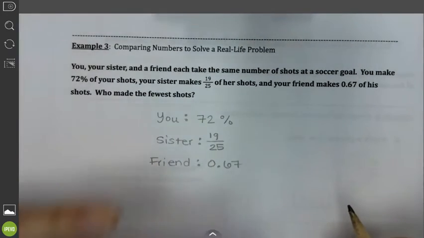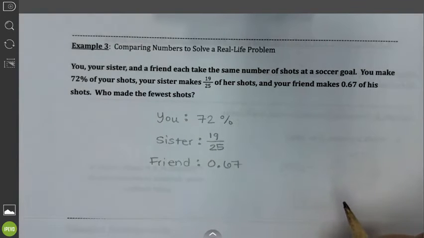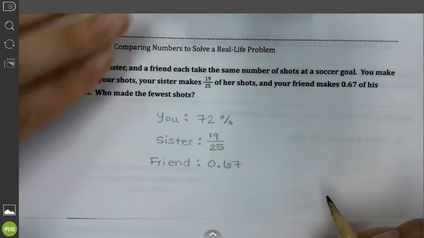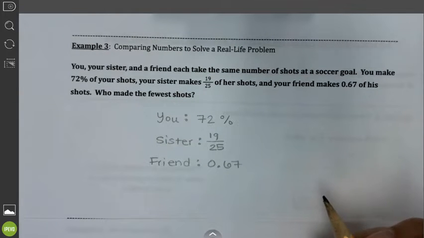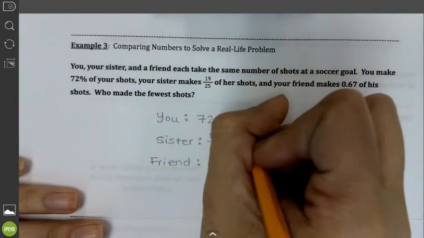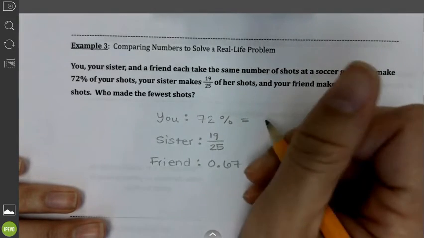So we have 3 different notations here, so it really doesn't matter which one you choose. I would just steer clear of the fraction because we might have to create common denominators. It is actually going to be an easier one for this, but we're going to steer clear of it. So I'm going to change them to decimals.